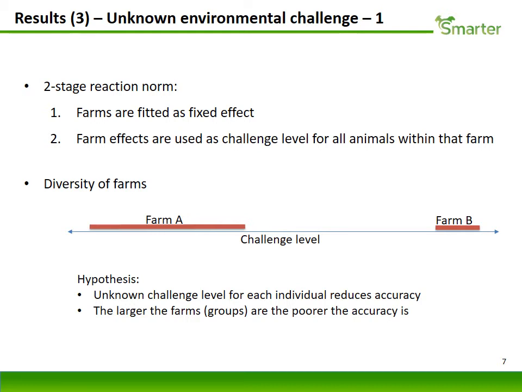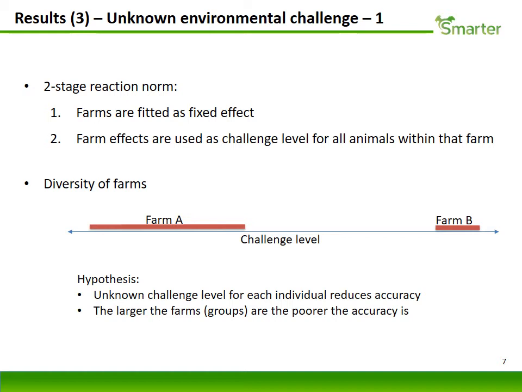That means basically if we have a very heterogeneous farm in terms of challenge level that covers a wide range of environment, farm A, as you can see from this little sketch, comparing to a less heterogeneous farm that covers only a small range of the whole environment, farm B.